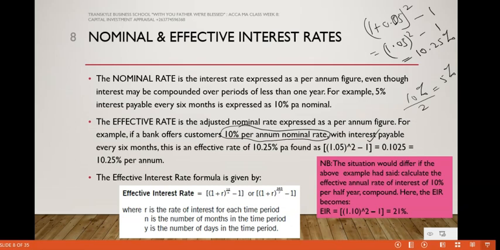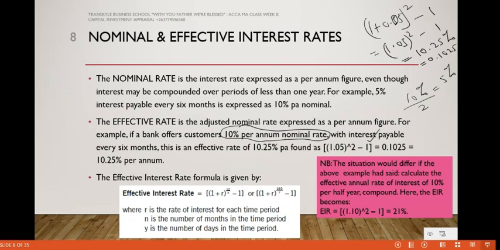Okay, or this is just the same as 0.1025, if you don't want to put the percentage.